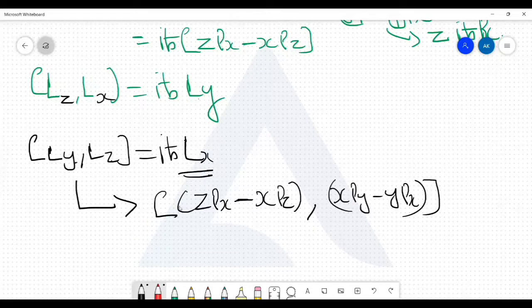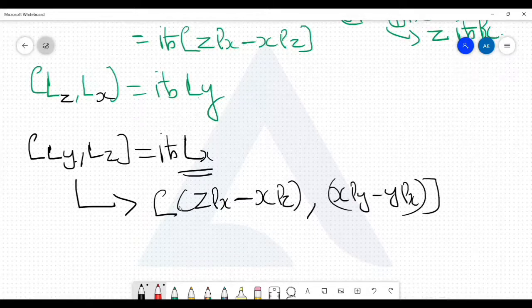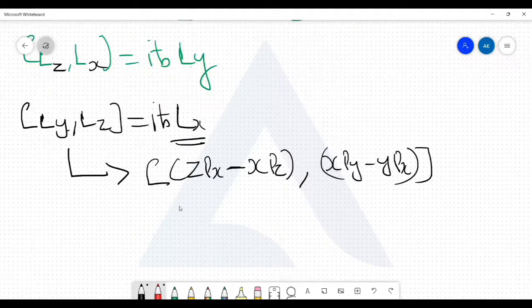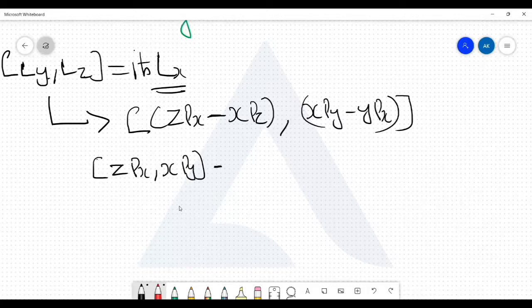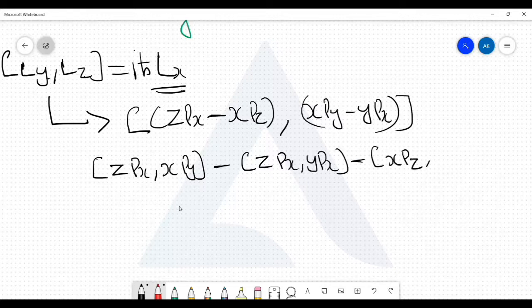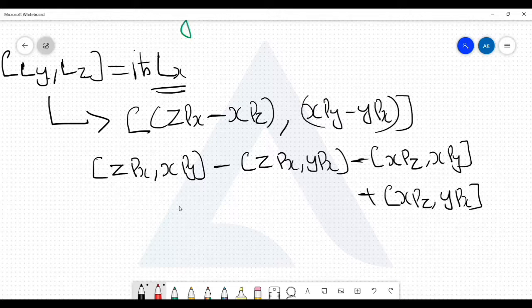If you are able to write it in a single step, you can do, but I am not that confident. Therefore, z px with x py, minus z px with y px, minus x pz with x py, plus x pz with y px. Okay.